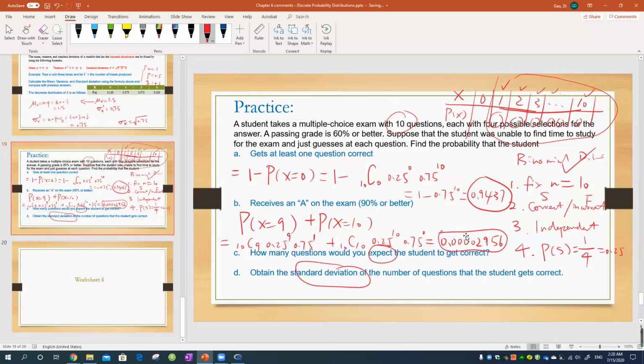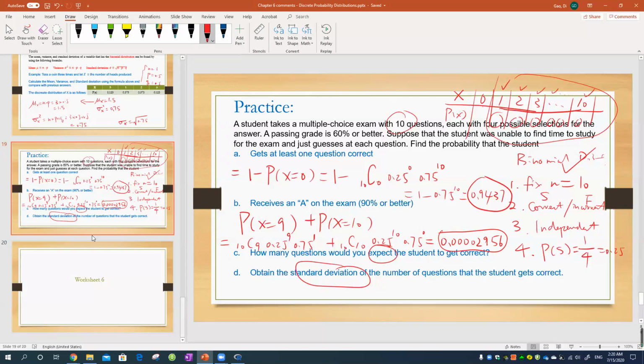So the probability of receiving an A on the test, 90% or better, is about 0.0029%.